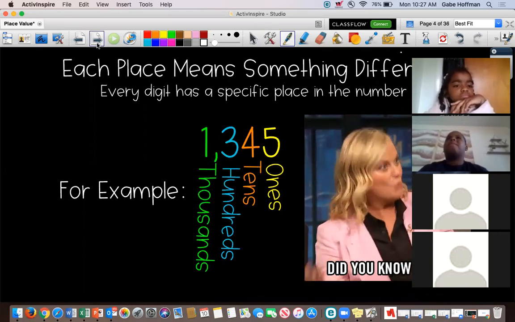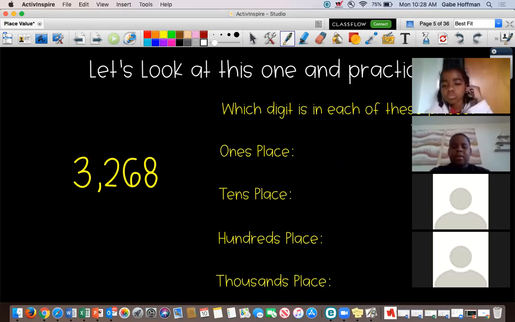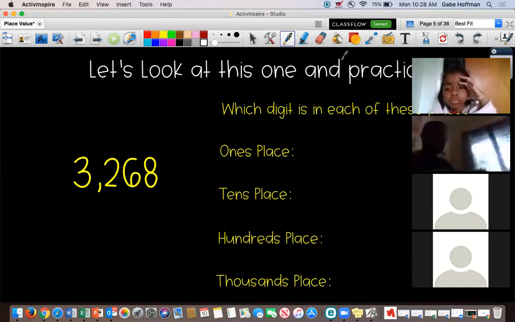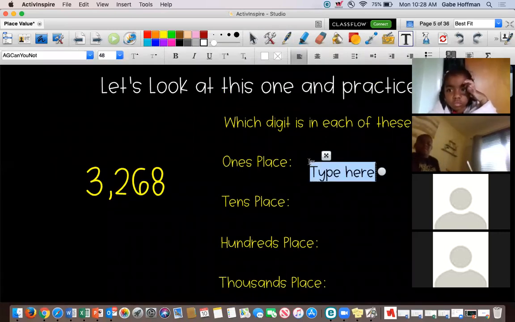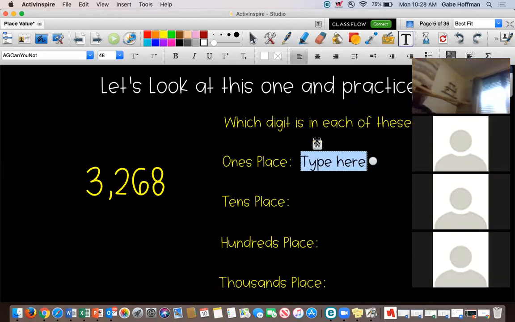All right. So let's look at this one. We're going to practice. Which digit is in each of these places? If you can tell me which digit is in the ones place, raise your hand.